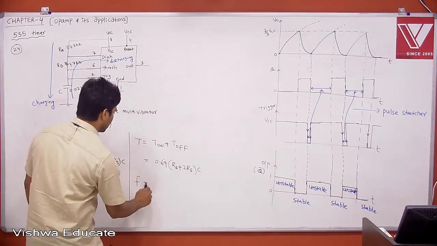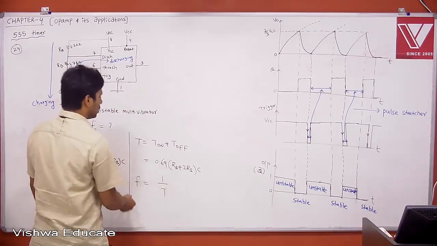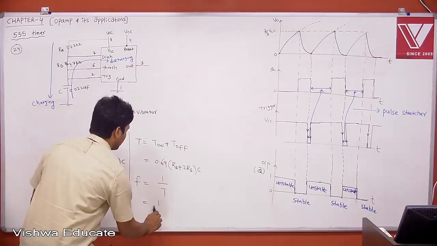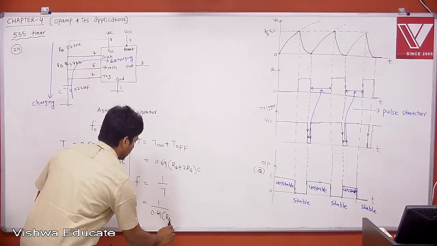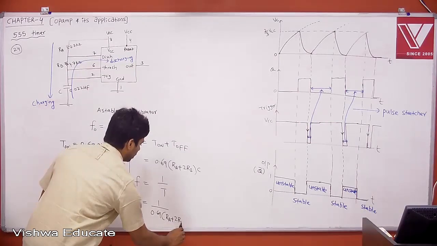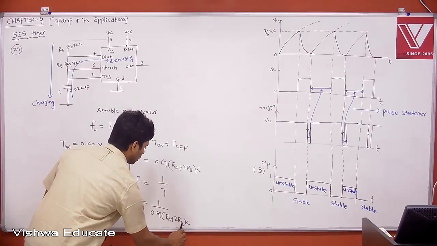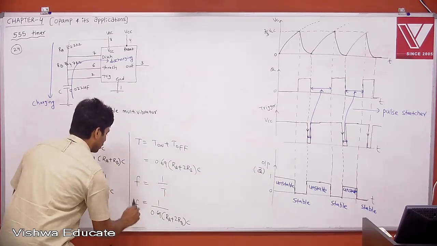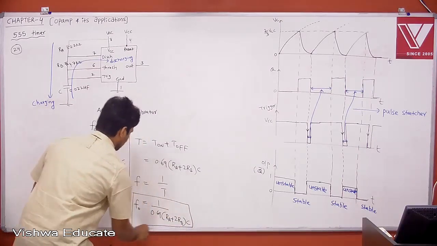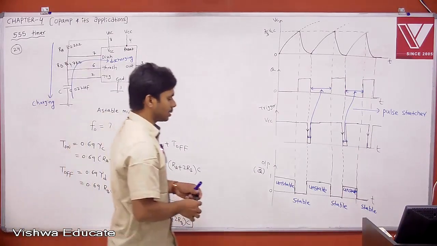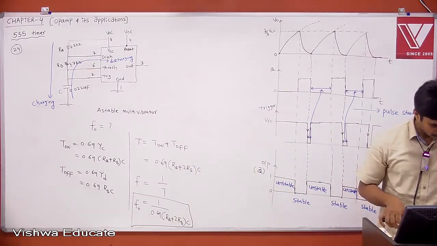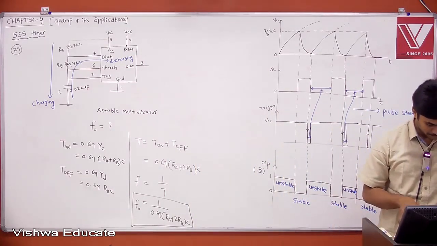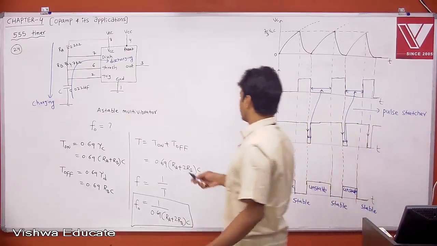Then what is your frequency? Frequency is equal to 1 by T. This is your frequency of operation. Therefore, 1 divided by 0.69 into (RA plus 2 RB) into C. This is the frequency of oscillation. Okay. You substitute, you'll get the answer. If you want, the answer is 5.68 kHz.